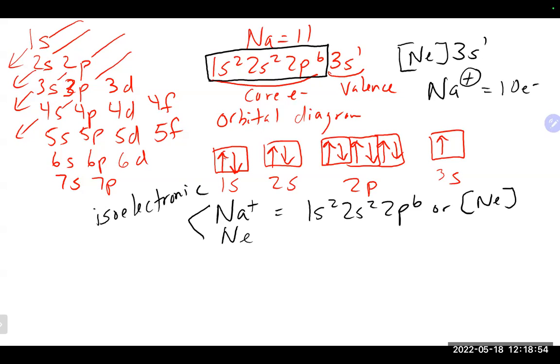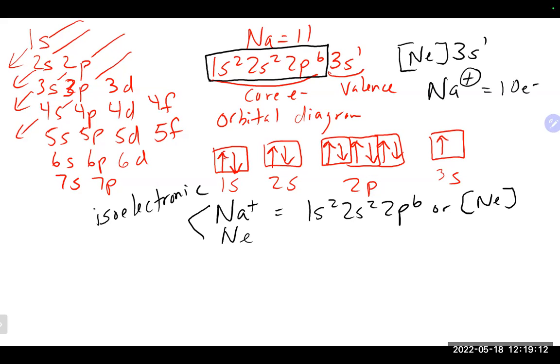They have the same electron configuration. Obviously, if something had a negative charge, we would need to add electrons to our total there to compensate for that. Any questions on electron configuration?